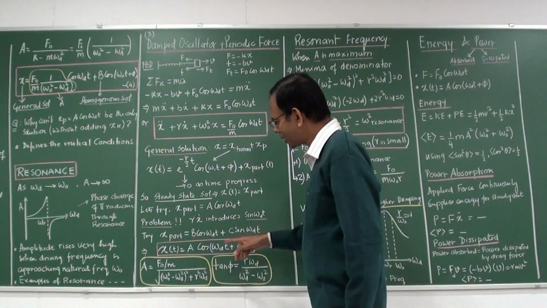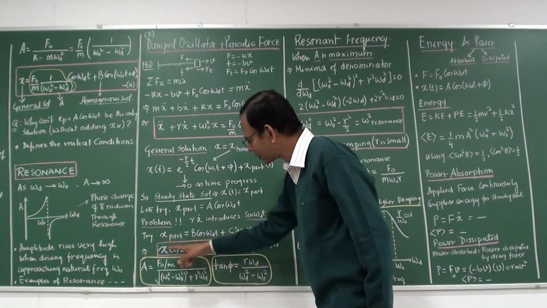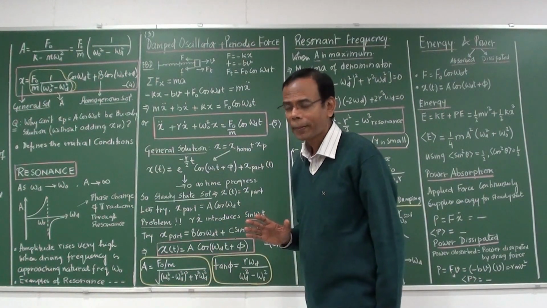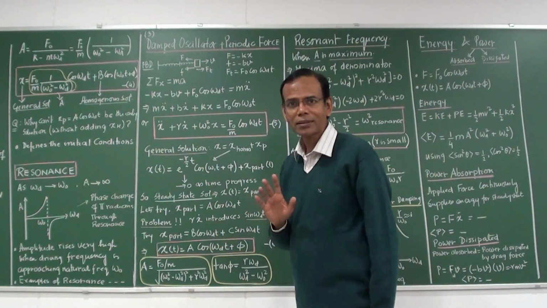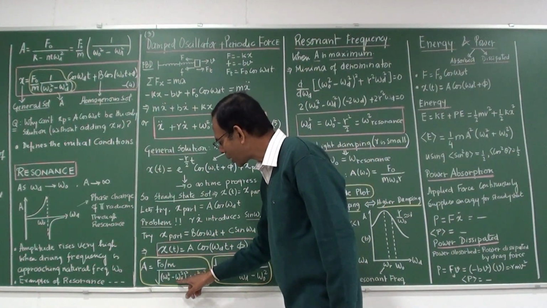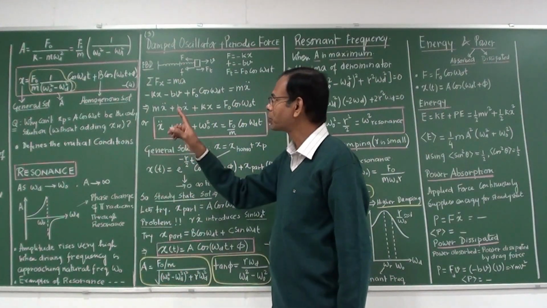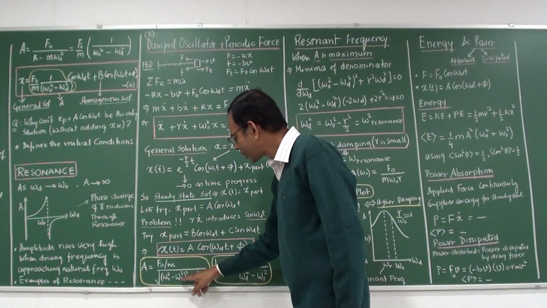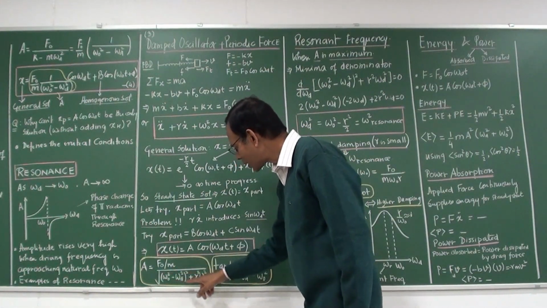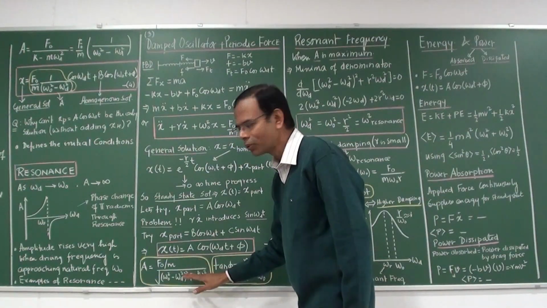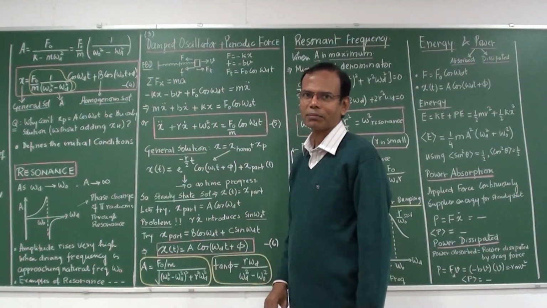What happens to this particular amplitude A? When will it be maximum? Here a very interesting thing happens. It is not maximum when omega d is omega 0, like the case of resonance before. Here, only when this denominator is minimum will A be maximum.